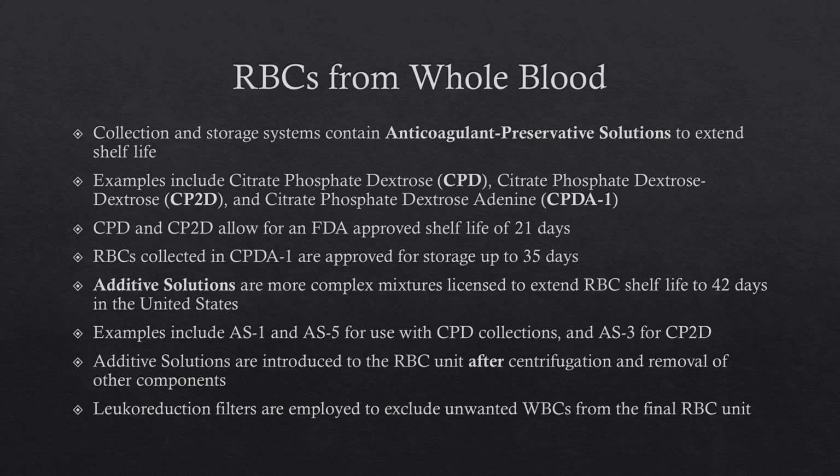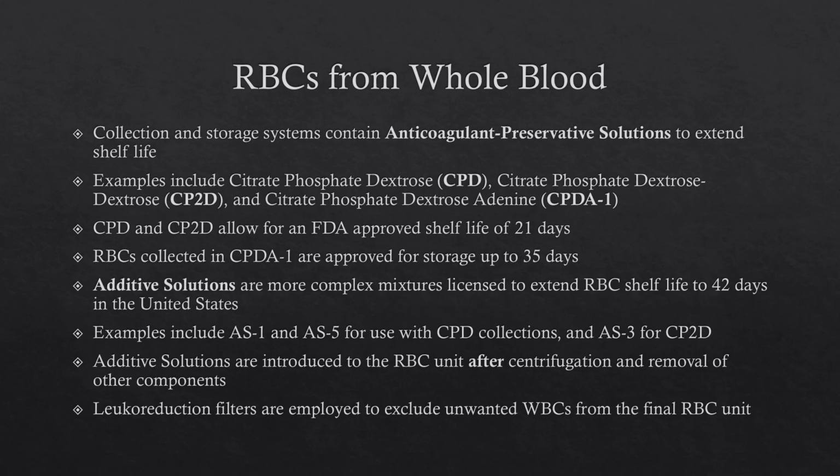There are several different anticoagulant types. Each of these anticoagulant preservative types has its own advantage to what can be manufactured later and other components produced. And of course, they also have different advantages to shelf lives.